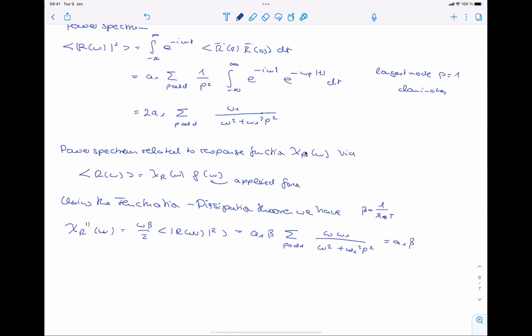A1 beta, by taking out the omega 1, then we have omega over omega 1, omega over omega 1 squared plus p squared. And so now to define the response function, given that we have this expression, we need to integrate twice over omega.